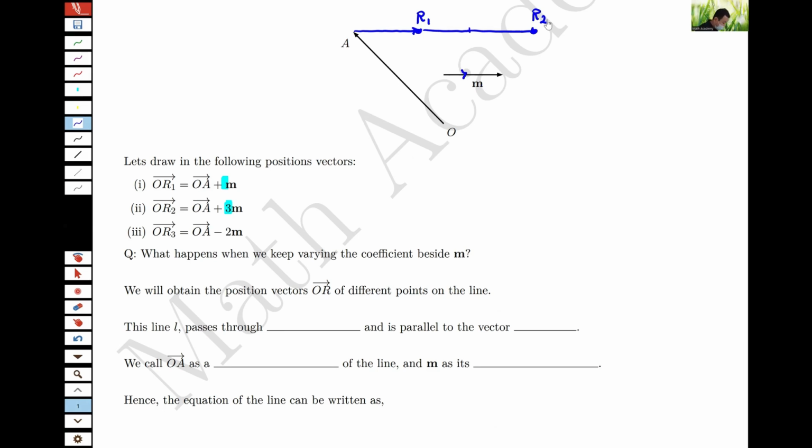And this can be further continued. When I want this point OR3, there is a -2 in the coefficient. The minus sign, as you should know by now, means you go in the backwards direction. So I move 2 steps of M to reach this point called R3.